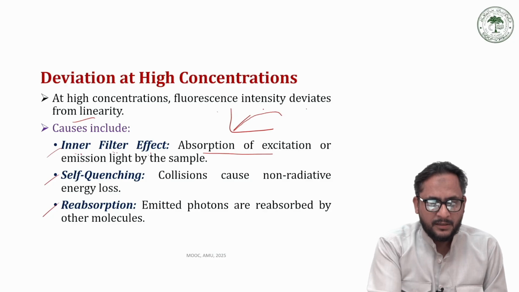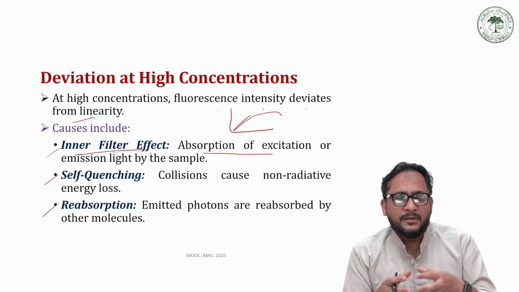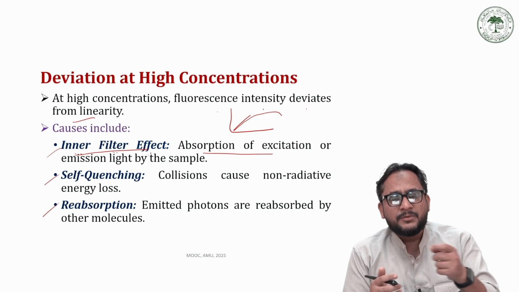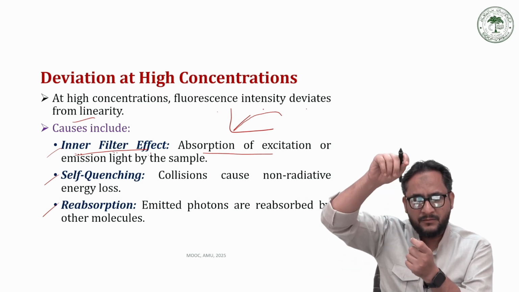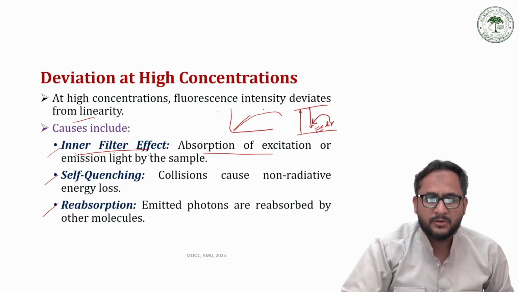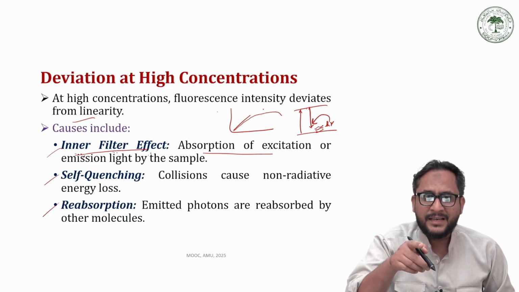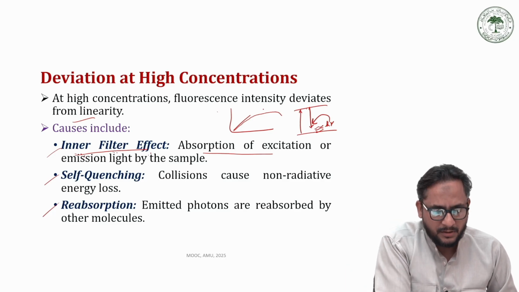Clear? So inner filter effect means the absorption of light for excitation, and when the electron comes back from the excited state to the ground state, the light that is emitted is again absorbed by the same molecule. This is the inner filter effect. And if that light is absorbed by some other molecule, it is called reabsorption.